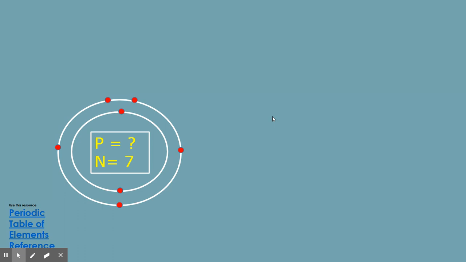So in this drawing here, there are 1, 2, 3, 4, 5, 6, 7 total electrons. So that would tell us if there are 7 electrons total, there would be 7 protons in there. And of these 7 electrons, only 1, 2, 3, 4, and 5 are valence electrons.